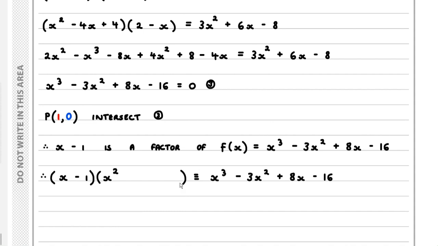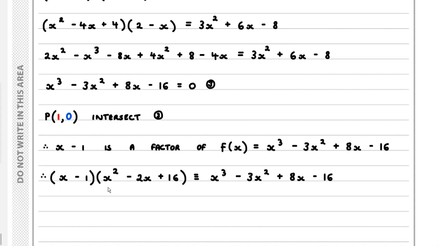I've got negative 1 multiplied by something equals negative 16, so that is positive 16. And here I've got negative 1 times x squared, which is negative 1x squared. Here I've got a negative 3x squared, so I need to subtract another 2x squared. So here then, I would have negative 2x.